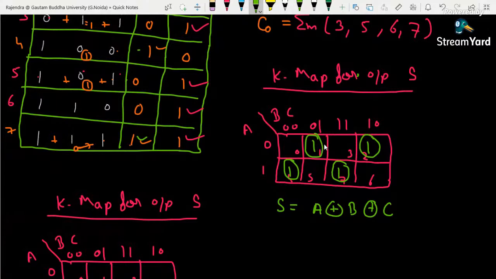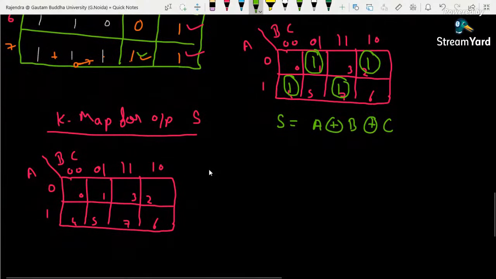If an even number of inputs are holding 1 and the K-map cells are filled by 1, that means this is the property of XNOR. So in our problem the XOR property is fulfilled. So the relation between A, B, C will be XOR. So S is equal to A XOR B XOR C.